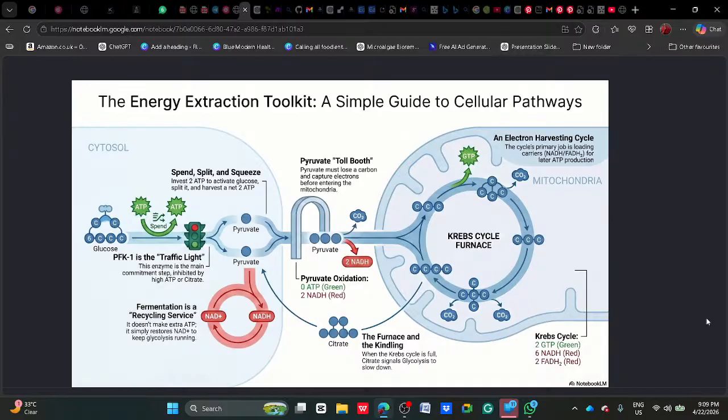Don't forget that any business within the cell that is not going to fetch you the energy currency, which is called adenosine triphosphate, is not a business. I told you in the last lecture that ATP is just the naira of the cell currency.